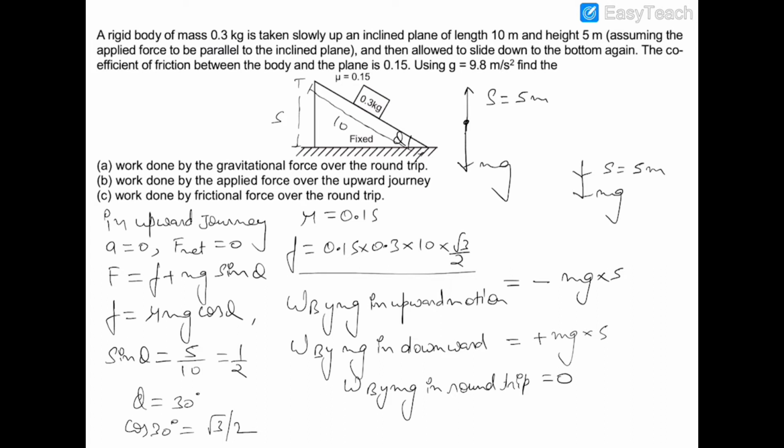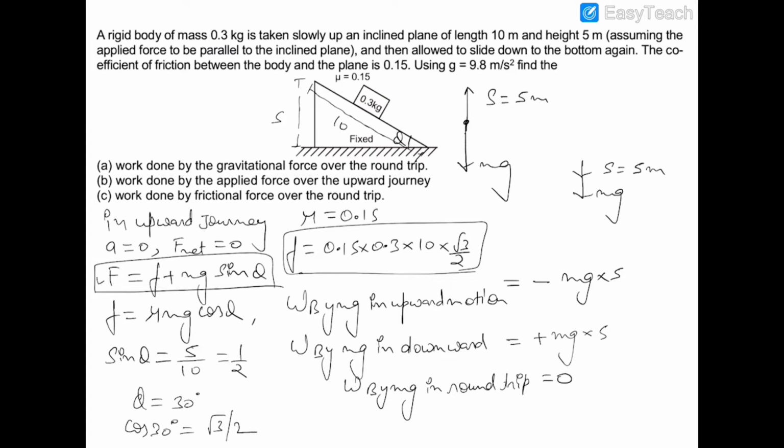Now work done by the applied force over the upward journey. So in upward journey, applied force, as we have already calculated, is mg sine theta plus F. Now we have calculated the value of friction, we have calculated the value of sine theta also. So by placing these values in this equation, we can get the value of applied force.